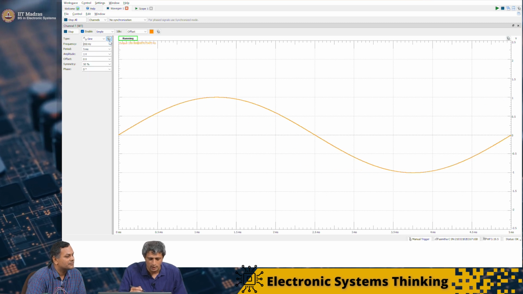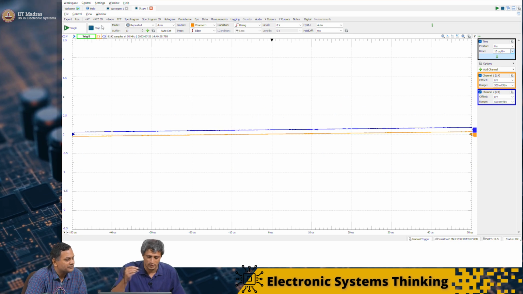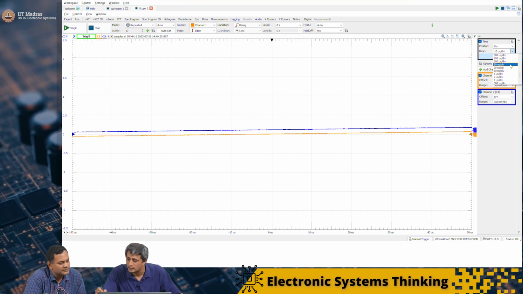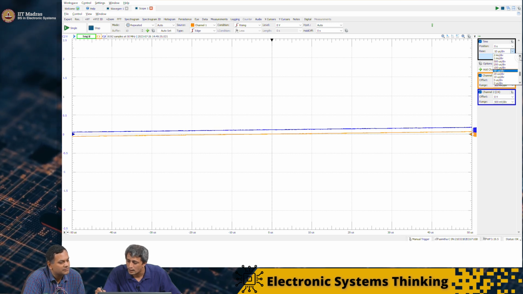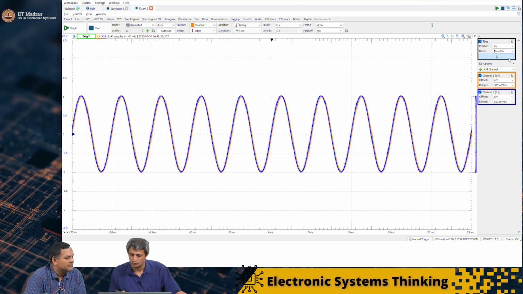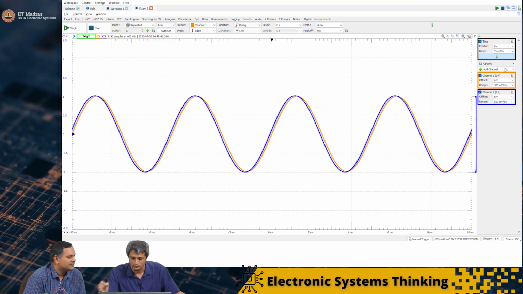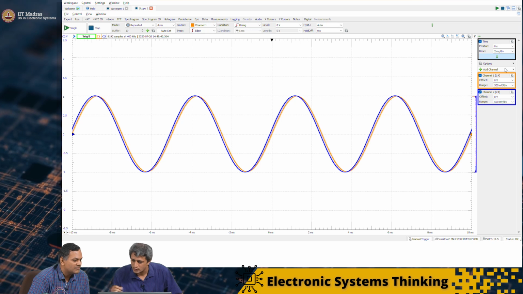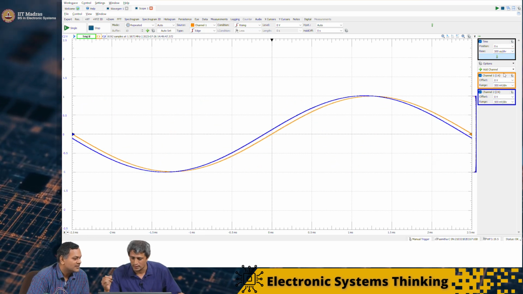Maybe I'll look at 200 hertz. That will give us one more data point. I have to run this and set maybe 5 milliseconds per division, and reduce it further so we can see even more, maybe 1 millisecond per division, or 500.